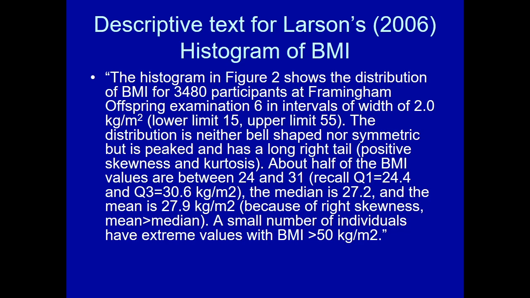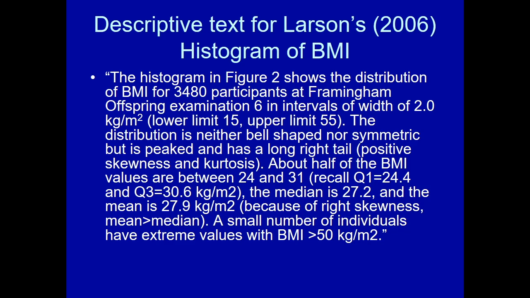The histogram in figure 2 shows the distribution of BMI for 3,480 participants at Framingham Offspring Examination 6 in intervals of width of 2.0 kilograms per meter squared, lower limit 15, upper limit 55. The distribution is neither bell-shaped nor symmetric, but is peaked and has a long right tail, positive skewness, and kurtosis.